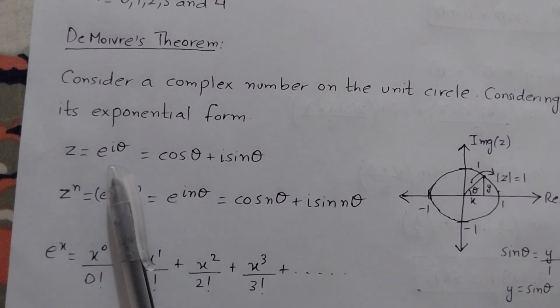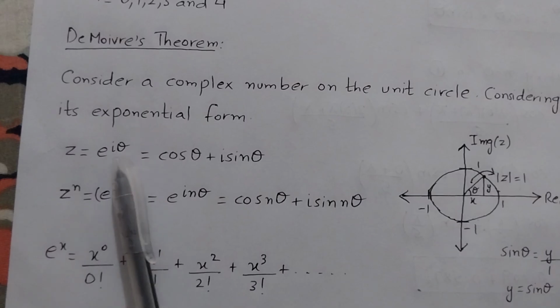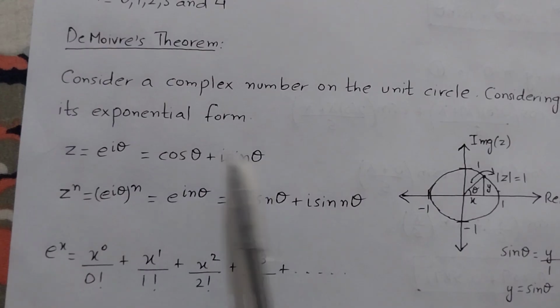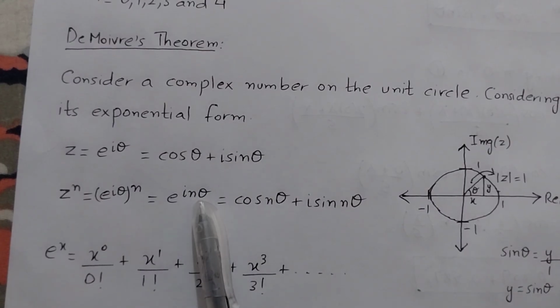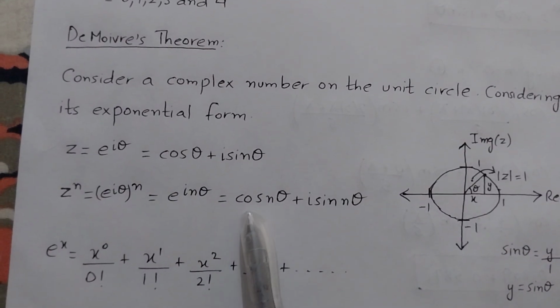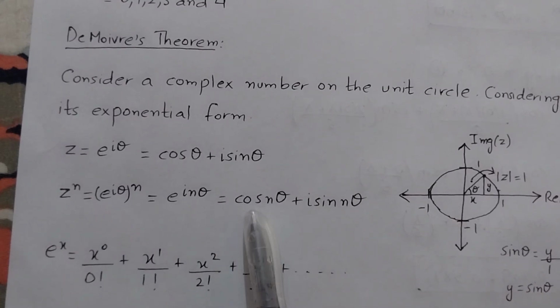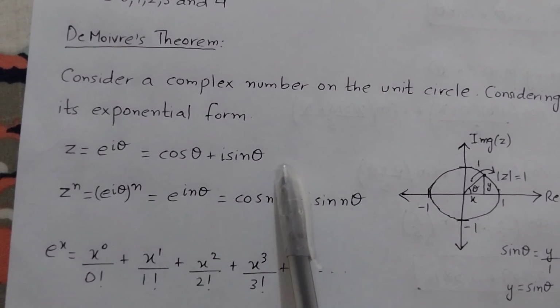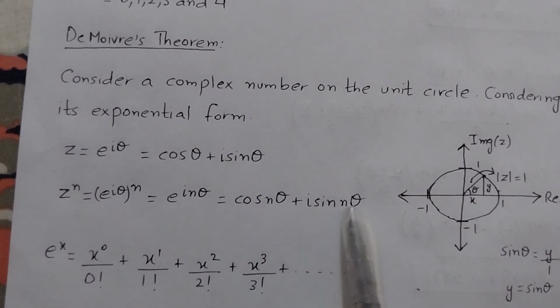So if you look here, the angle was theta, here the angle is n theta, so this same rule will be applied, but in place of theta, n theta will be there. So cos theta becomes cos n theta plus iota sine n theta, and this is indeed our de Moivre's theorem.